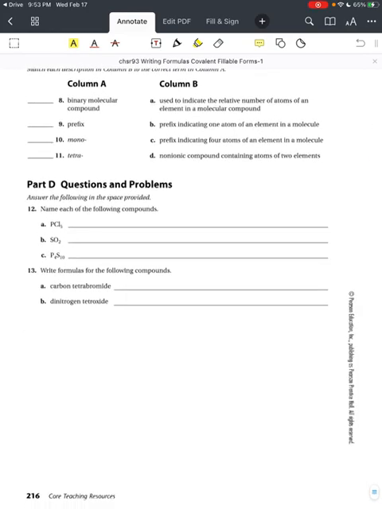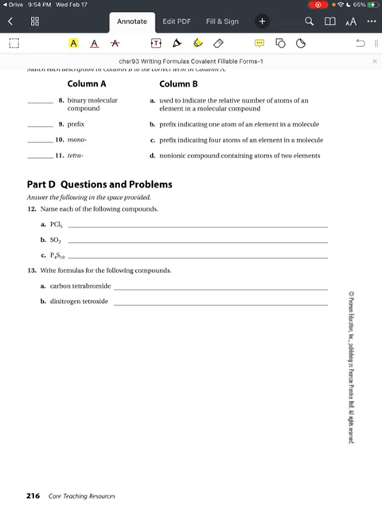So let's talk about the matching. A binary molecular compound, number 8, corresponds to D, a compound containing atoms of 2 elements, so 8 is D. Number 9 is A. A prefix is used to indicate the relative number of atoms of an element in a molecular compound, so 9 is A. Number 10, mono, of course, is a prefix meaning one atom of an element in a molecule, so 10 is B. And 11, tetra, of course, is a prefix indicating 4 atoms of an element in a molecule.